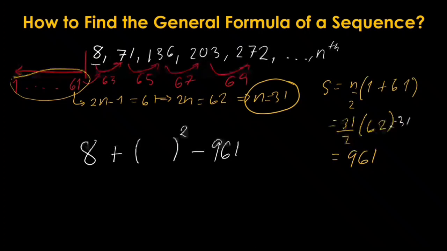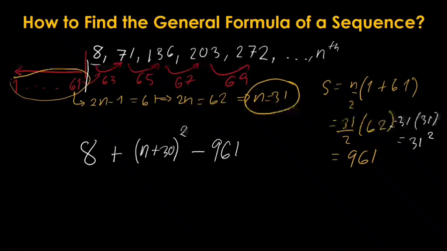Okay, 31 squared will stop here, and then the next term will be 8. So to do that, this must be n plus 30, because our n is 1. We get the first term. This will now become 31 squared minus 31 squared, so the first term will be 0. I'm sorry, 8. Okay, we can now expand this one.